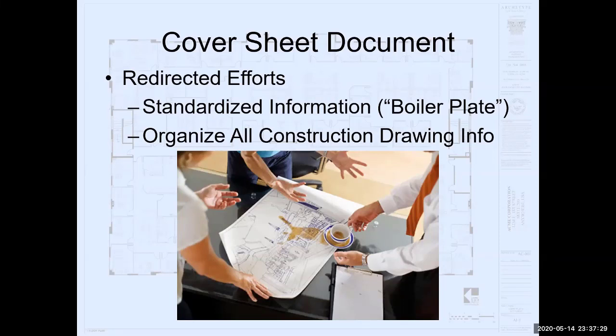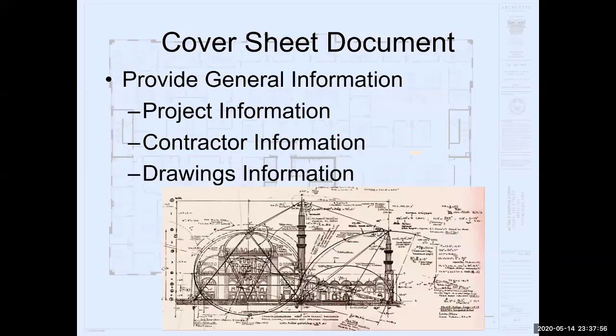The other aspect to understand about this information is that it is the general information for the project, and it will serve to organize and provide a consistent platform of information moving forward. So it does become important that the information be correct and be consistent. So what are we really trying to accomplish here?